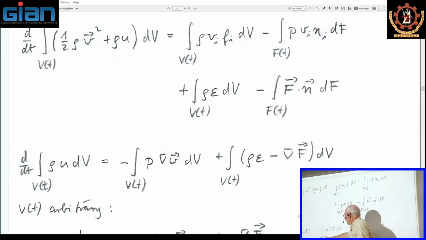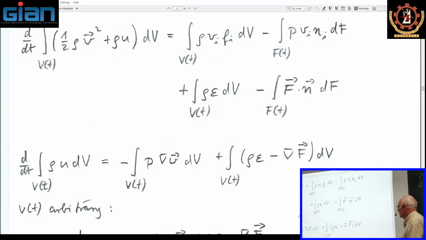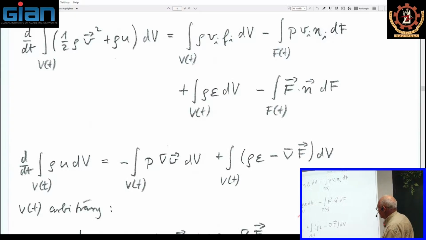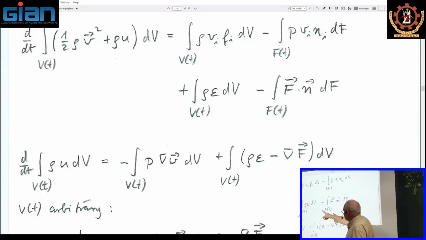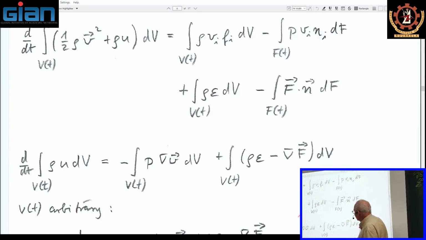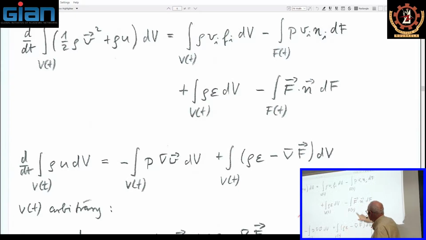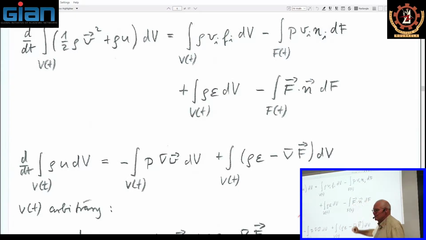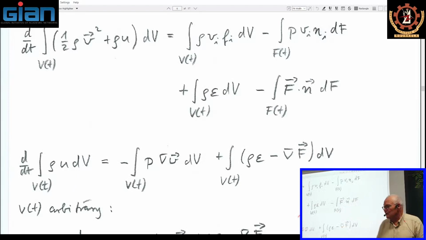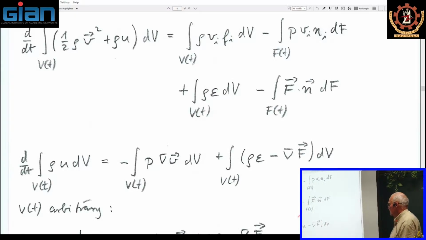This is a volume integral over the pressure times the divergence of velocity integrated over the volume. And then these two terms are left, which need to be taken into account. This is the energy generation, which corresponds to this term, and we have transformed this term from a surface integral into a volume integral. So the integral over the surface of the flux is the volume integral of the divergence of the flux over the volume.